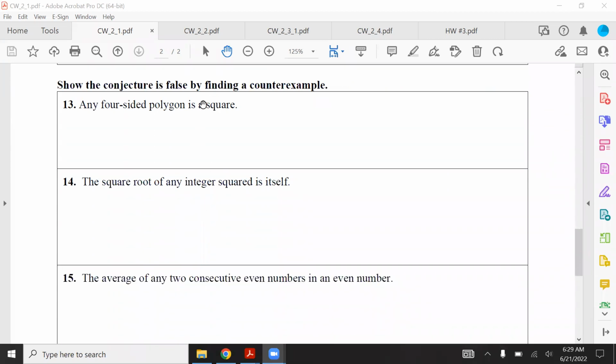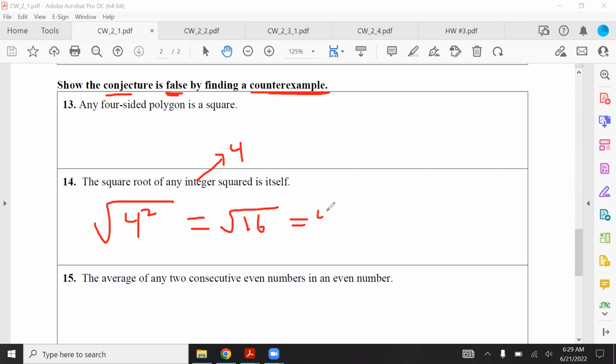Now here, show that the conjecture is false by finding a counterexample. So the square root of any integer squared is itself. Okay. So for example, say the integer I'm dealing with, an integer is like a whole number, it could be negative also though, like 4. If I square it and then square root, I get 4. So it looks like it works.